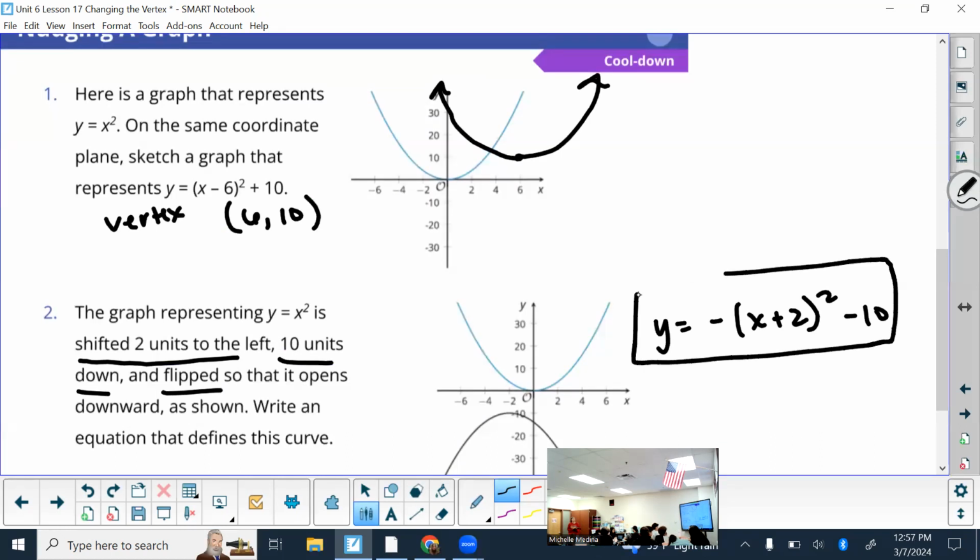For the last one of the cool down, if it's going 2 to the left, that would be you doing x plus a number in parentheses. That's a really important thing you'll need for the test. If it's in parentheses with the x before being squared, that's left or right movement. And if it's plus a number, it's going to the left. Outside of the parentheses, if we're adding or subtracting, that's up or down movement. And then if it's reflecting, then it's negative in front of the parentheses.